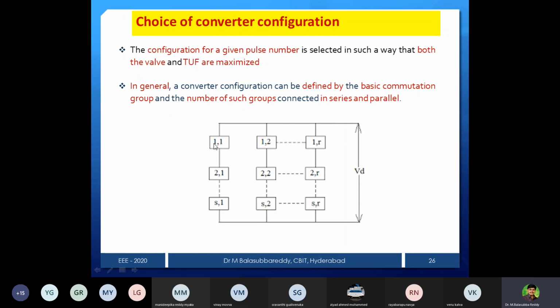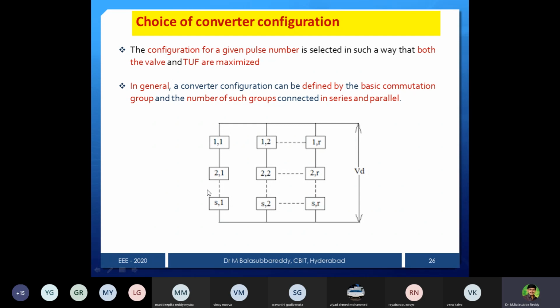One basic commutation group, and then 2, 3 and so on. S is the series here, and the same set of these we can connect to the load side. That is the basic group, and the second and third and so on up to S in series, to maintain the load voltage equal to the desired voltage.